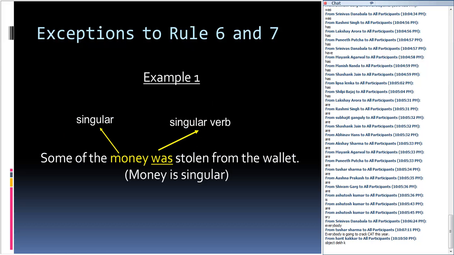See, some of the money. Now of के बाद object क्या है? Money. Money is always singular. That is why the verb that you have used is singular. That is was. Some of the money was stolen from the wallet. We don't say some of the money were stolen from the wallet.